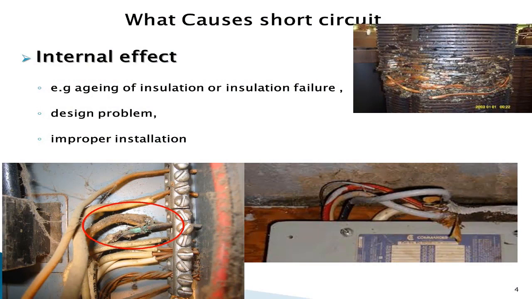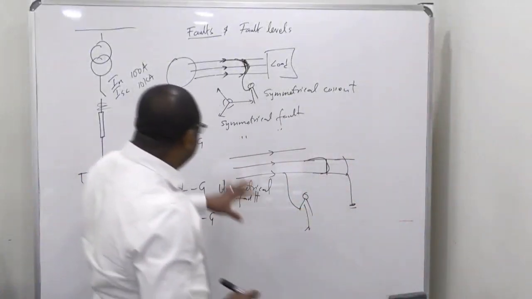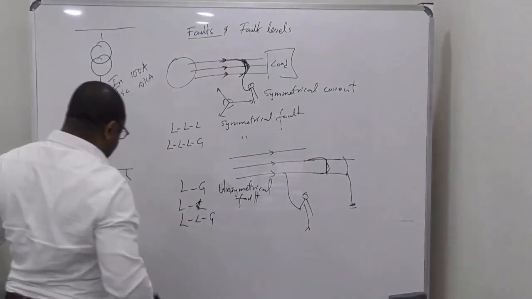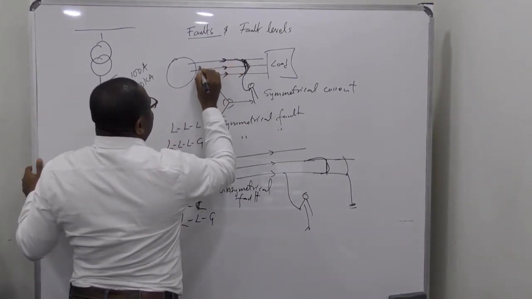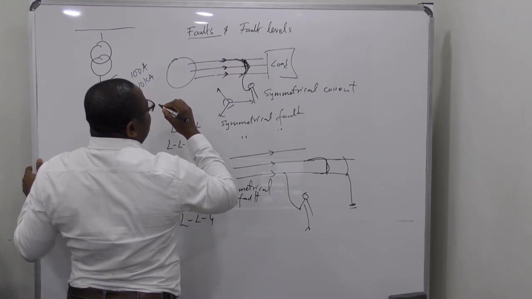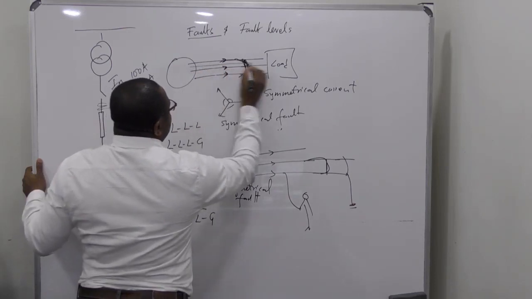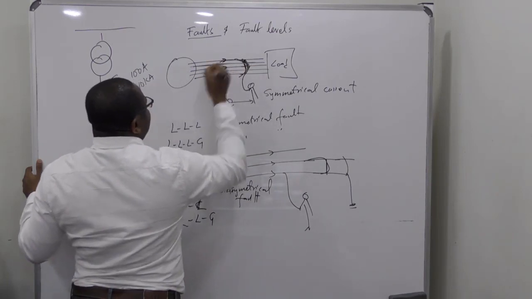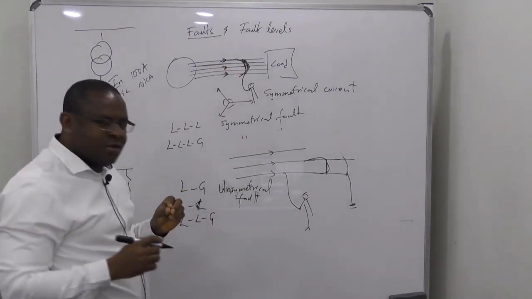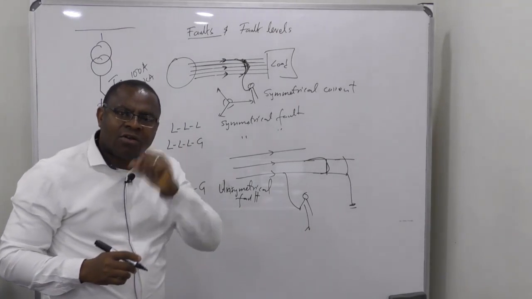The first one is the issue of aging of insulation or insulation failure. Remember, if this is a cable, between this and that there's always an insulation. So if there is deterioration of the insulation, what can cause that deterioration?